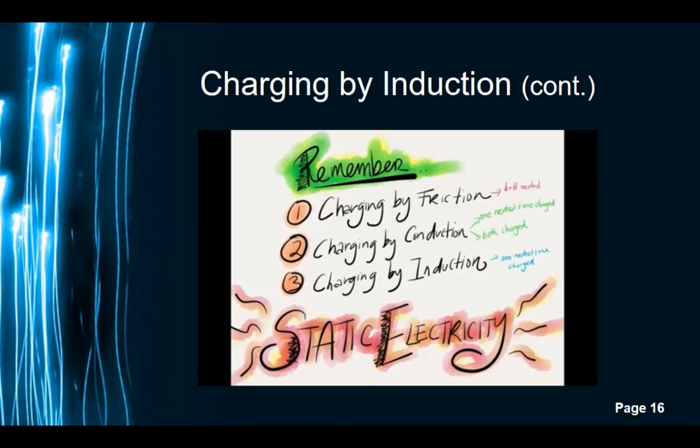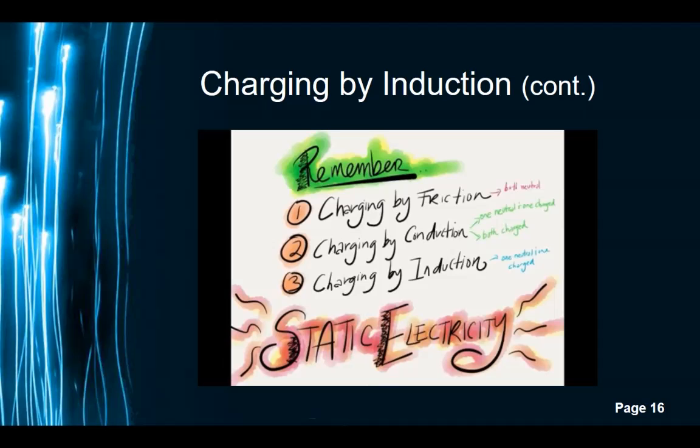Okay, so now we've gone over all three forms of charging to produce static electricity. The other thing we want to understand is that when we put an object into a field, and I know we haven't talked about fields just yet, but when you put it into proximity to another particle, those forces of either attraction or repulsion can actually be calculated.